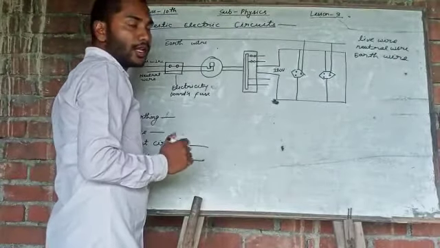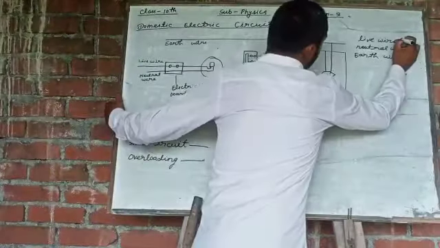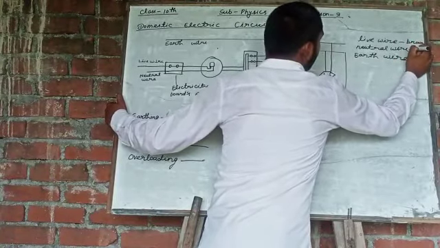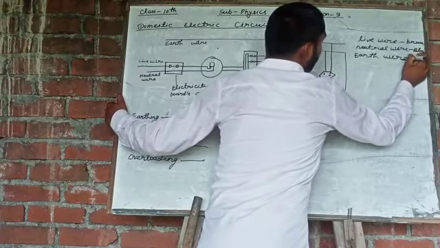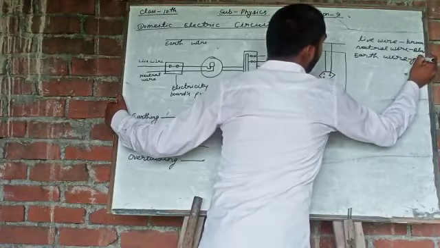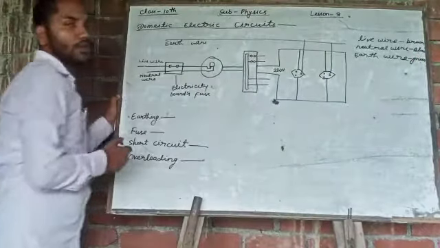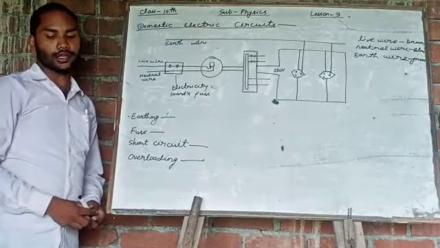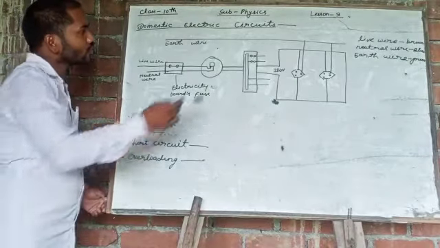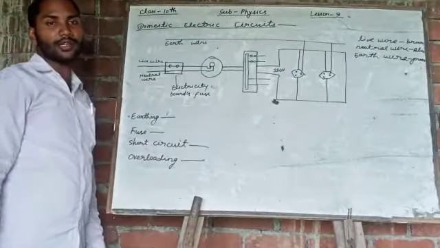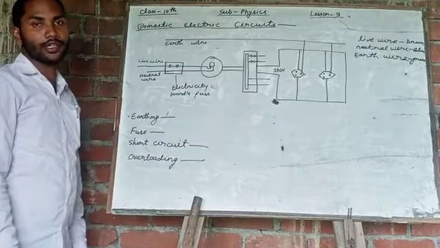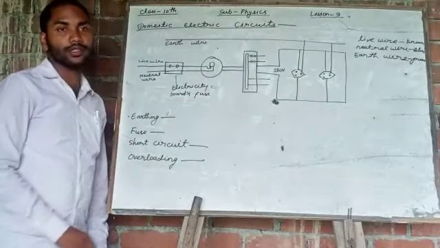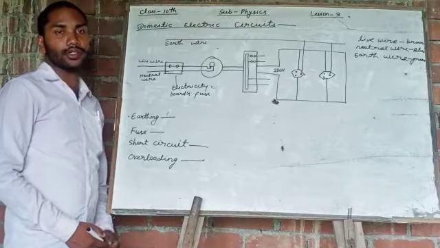According to the latest color coding, the live wire is brown, the neutral wire is blue, and the earth wire is green. So these are the three wires used in our domestic electric circuits. The live wire is the main wire in which electricity flows, and the neutral wire and earth wire are both supposed to be at zero potential.